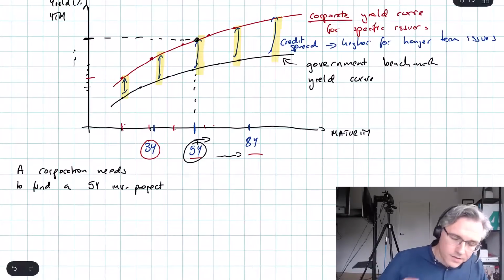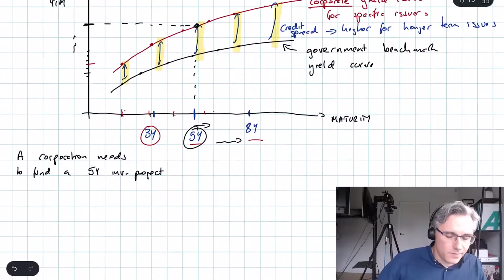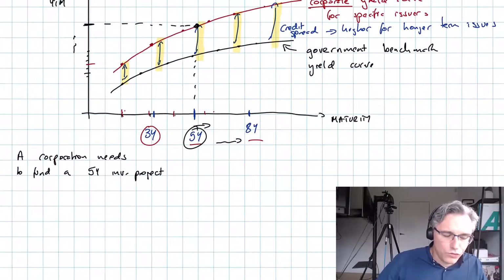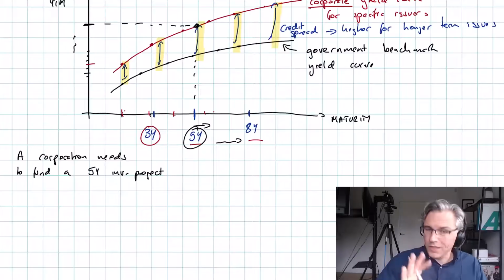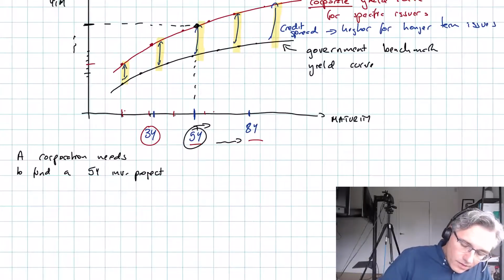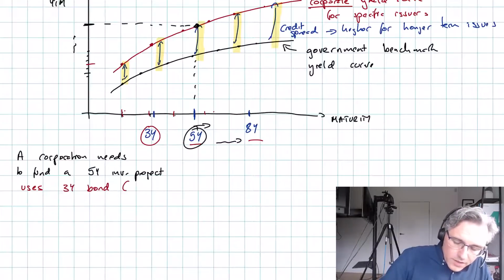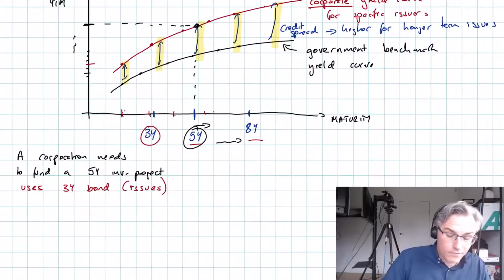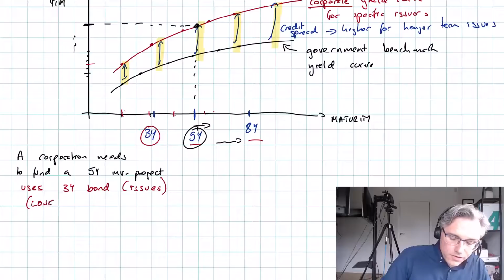But the temptation is perhaps to, despite needing the money for 5 years, use a 3-year bond. So they issue that bond because of the lower cost associated with it.